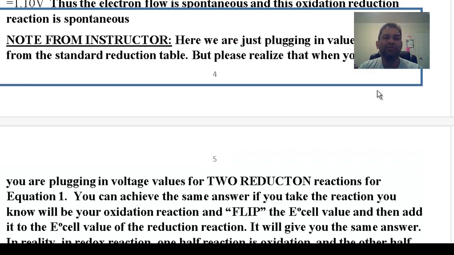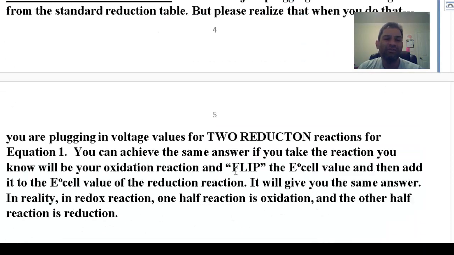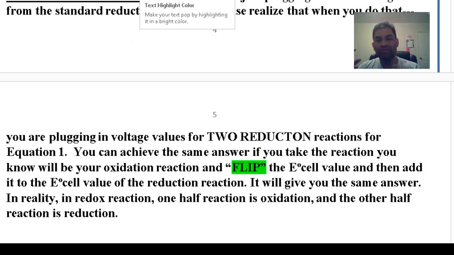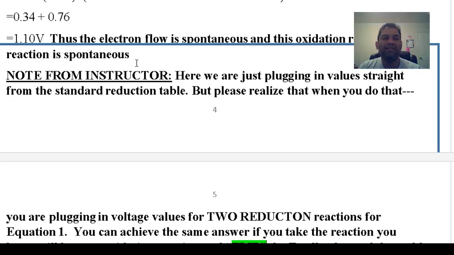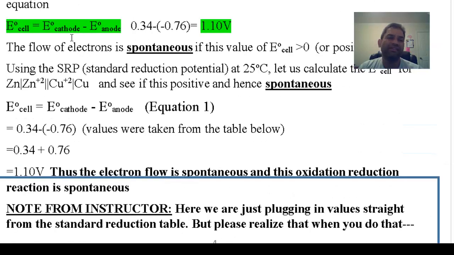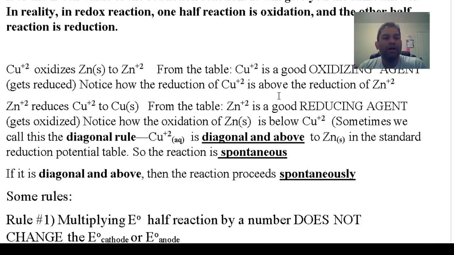So this is the big note that I've made here. What I taught you was flipping one of the signs that you know is going to be the oxidation. In this method here, there's no flipping signs. You take the cathode value and you take what you believe to be the anode value and then just do cathode minus anode.